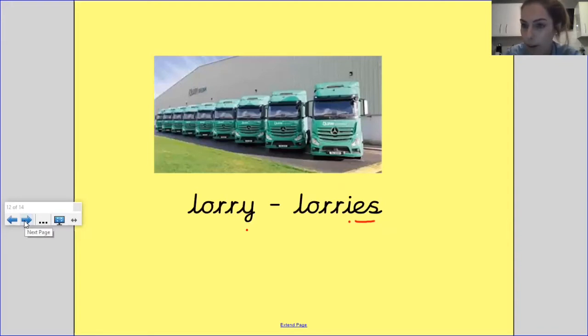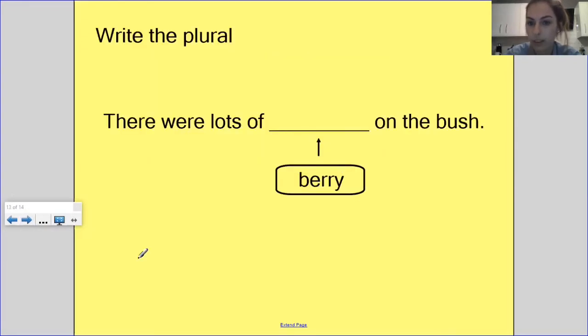Okay, time for our little quiz question. Are you ready? Today you need to write me a full sentence. If you want to, you can just write the word and change it to plural. But if you're up for a challenge, which I think you are, I want you to write the full sentence. Okay, so we're going to change berry down here into a plural.